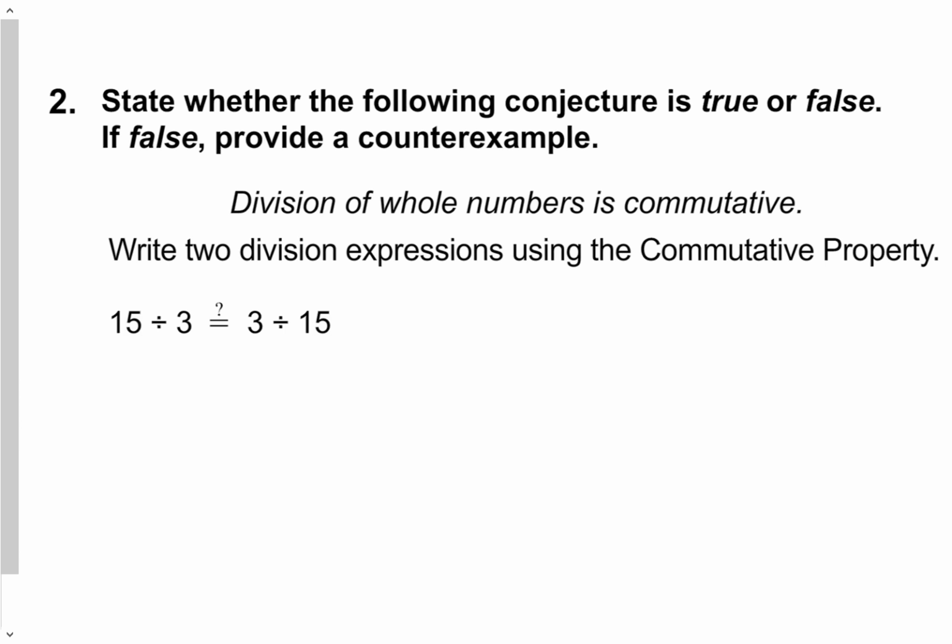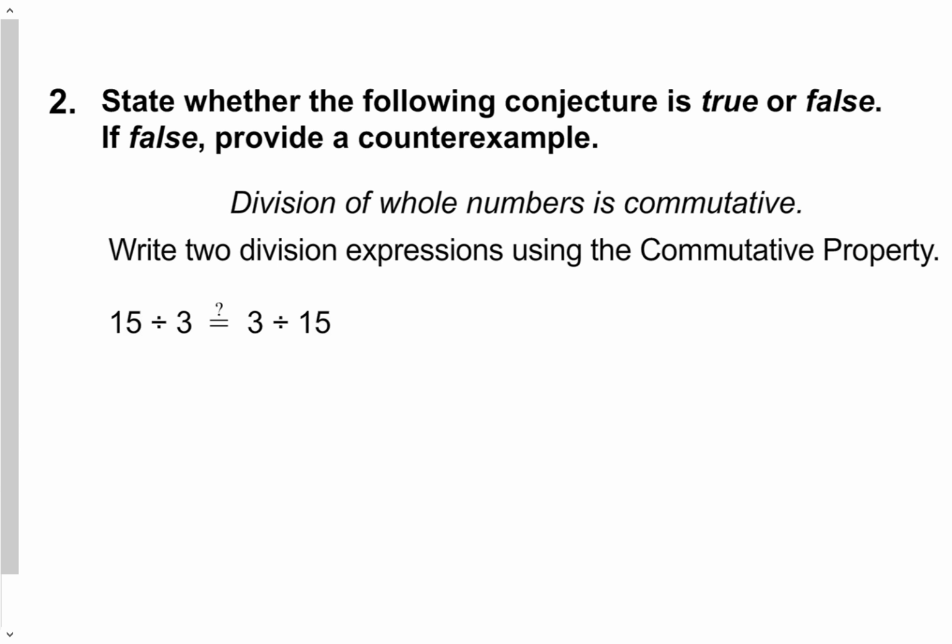Example 2. State whether the following conjecture is true or false. If false, provide a counterexample. Division of whole numbers is commutative, meaning you can switch the order and the answer would be the same. Write 2 division expressions using the commutative property. So we chose 15 divided by 3 and 3 divided by 15.